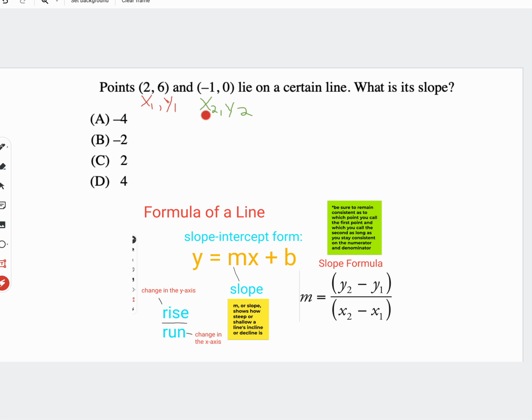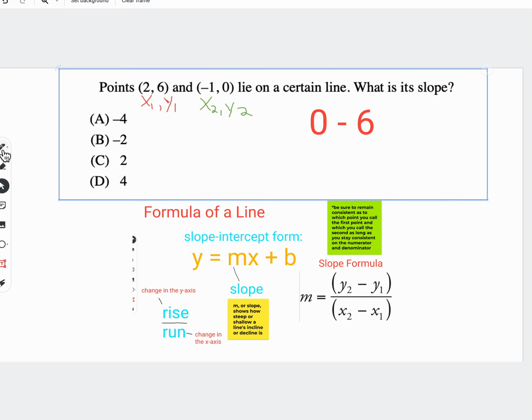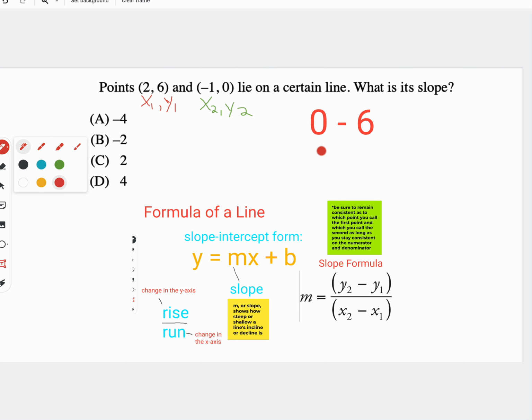So the equation will read y2 minus y1, 0 minus 6, divided by negative 1 minus 2.